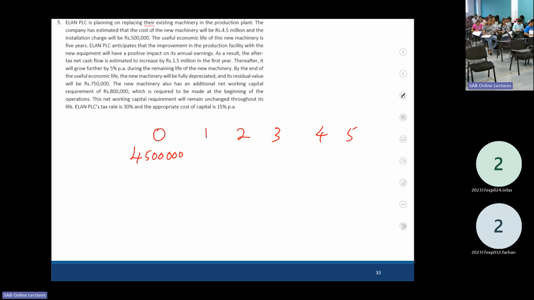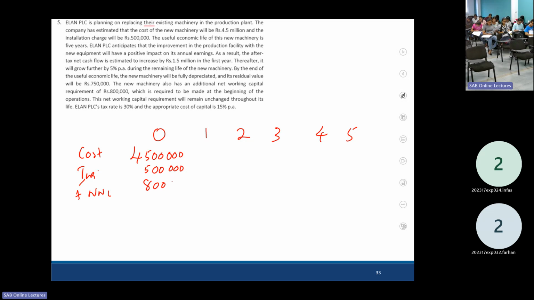So the estimated cost of the machine is 4.5 million. Additionally, there is net working capital. The machinery has an additional net working capital requirement of 800. Installation charges are also there, 500,000. The increase of the net working capital is 800.